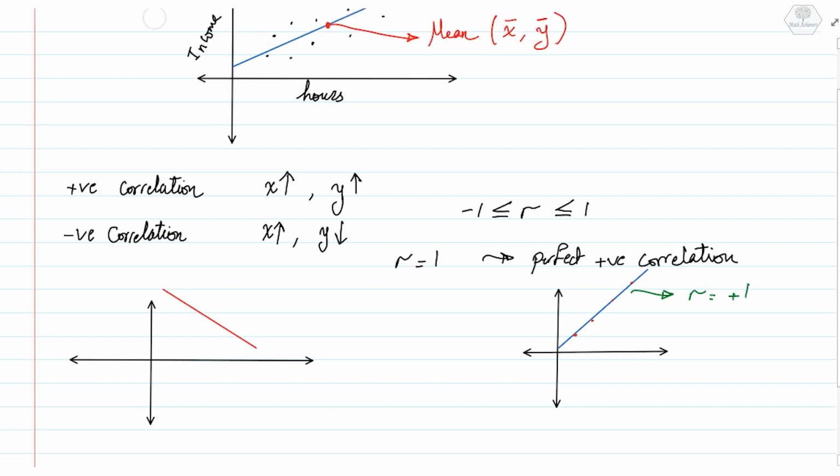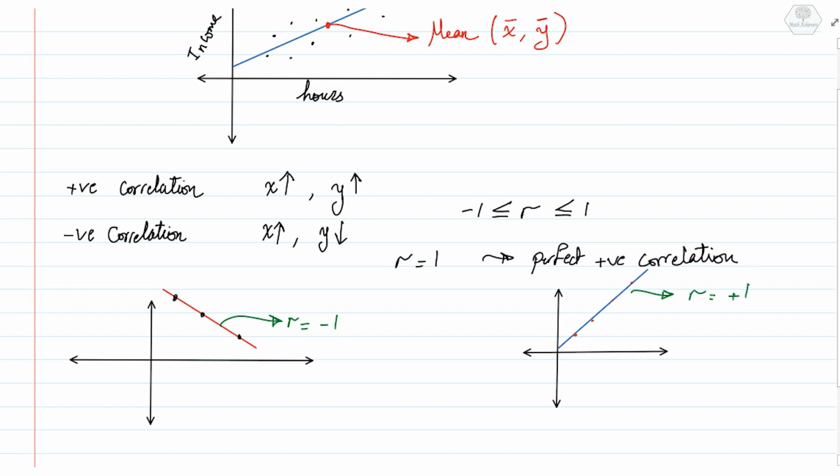And I can find here that all the points lie on this line. Then there is also a perfect but negative correlation. Here my r is equal to -1. This is the value of my r.